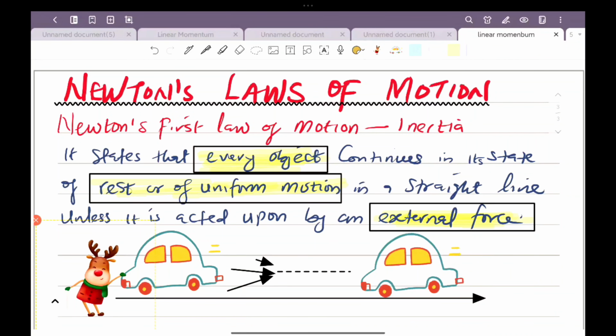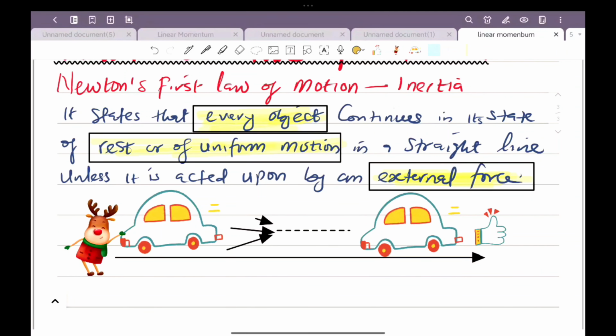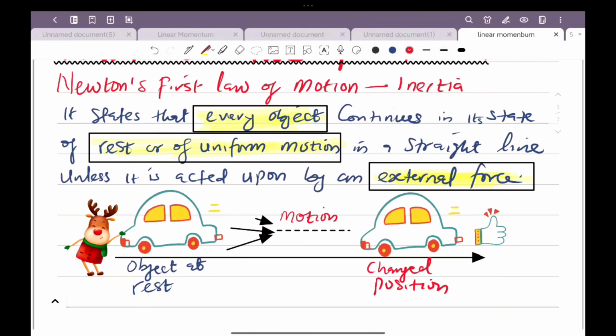If this boy here applies force on this car, then this car will change its position to the new position. Is that clear? So what Newton is trying to say is that every object will remain in its current state, either at rest or in motion, and when it is in motion, it will continue in that state unless there is a force that tries to stop it from moving.